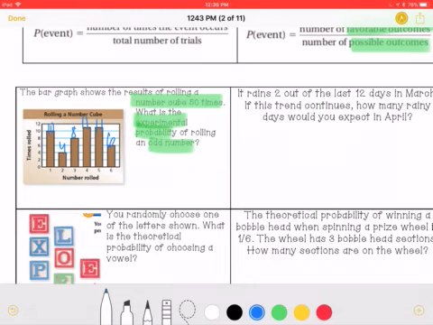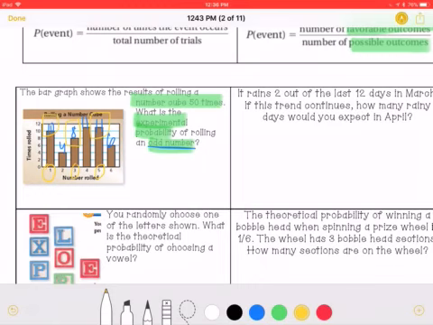Now, I want to know the probability of rolling an odd number. So we have to look at all of our odd numbers, which are 1, 3, and 5. If you roll a 1, 3, or a 5, you rolled an odd. So how many times did we roll an odd number? So we're going to look at our results. 10, 8, and 11. But I want to know the total.